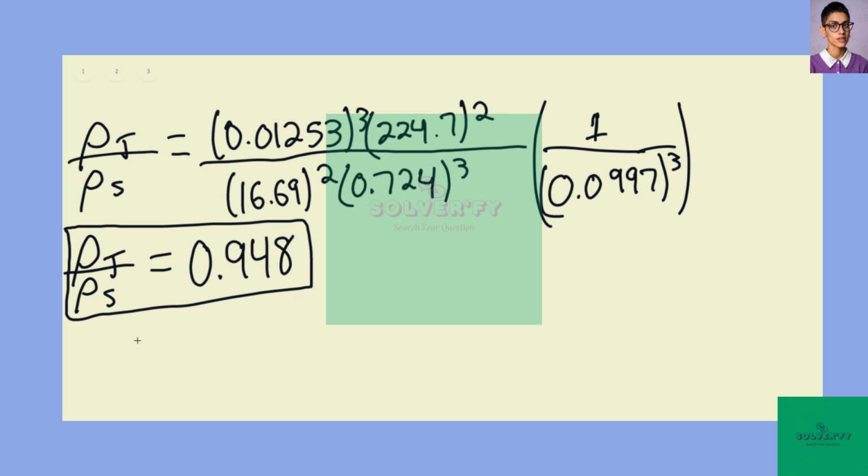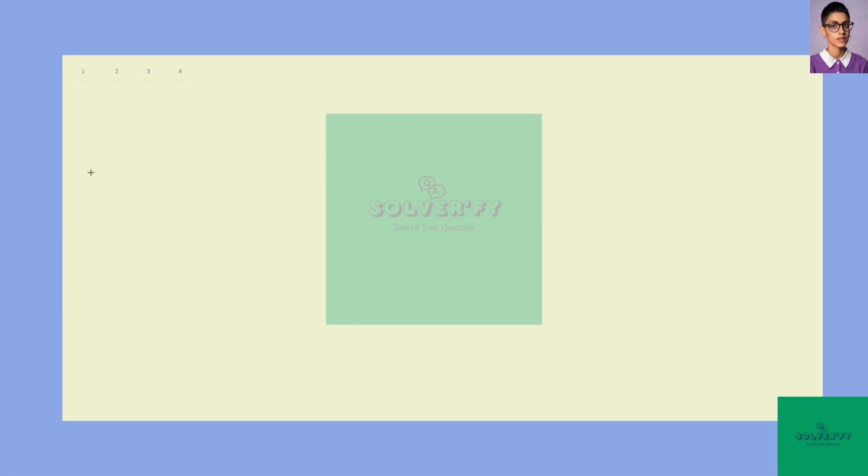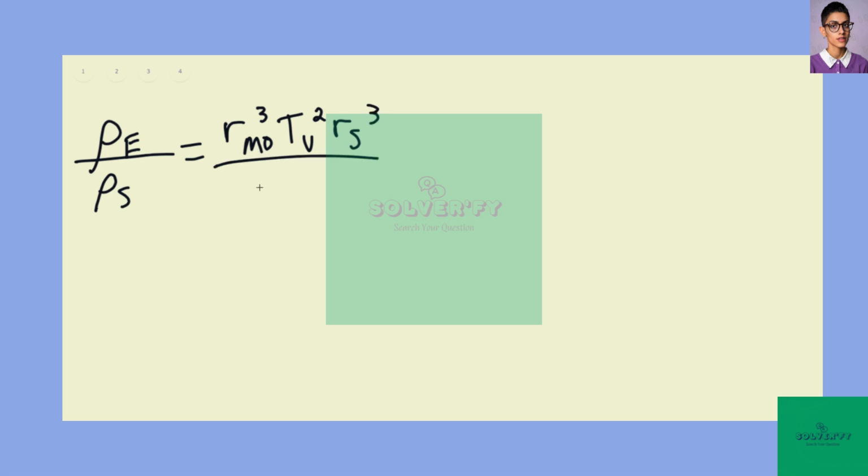After that, we can say that similarly, the density of Earth divided by the density of the Sun will equal the radius of the Moon's orbit cubed times the period of Venus squared times the radius of the Sun cubed divided by the period of the Moon squared times the radius of Venus's orbit cubed times the radius of the Earth cubed.